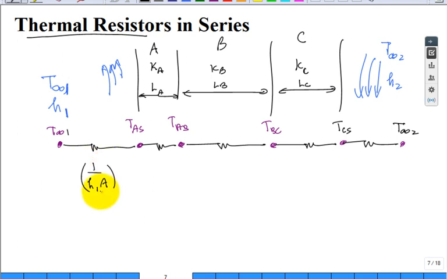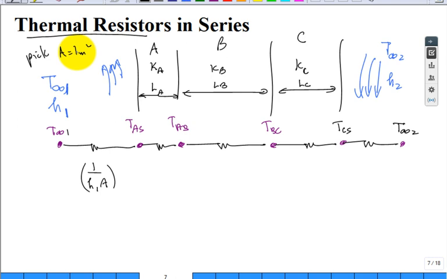Now, this gets a little tricky. Sometimes it's easier just to pick or assume A is equal to 1 meter squared, and often that helps us. And then remember, hey, I assumed A was 1 meter squared. So when the final answer is how many watts were transferred, I say, hey, I picked 1 meter squared, so I'm going to report it as a flux.